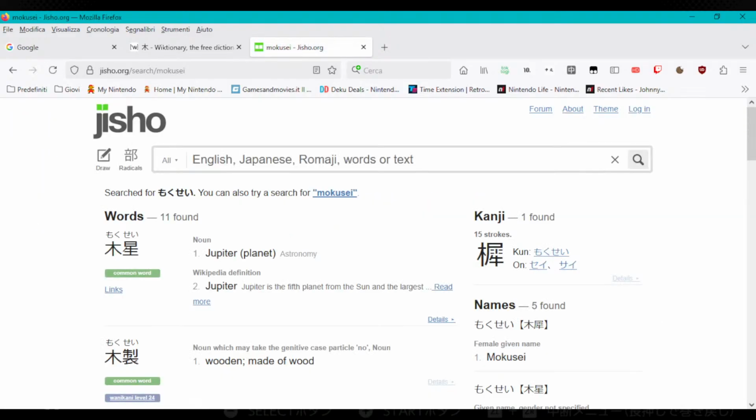Because it's actually also used for the planet Jupiter by adding it before the word for star. We'll see that eventually.